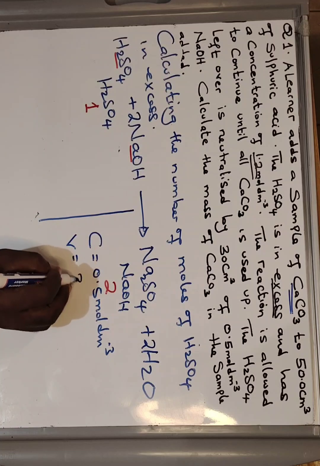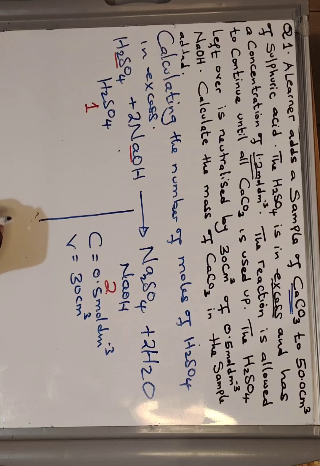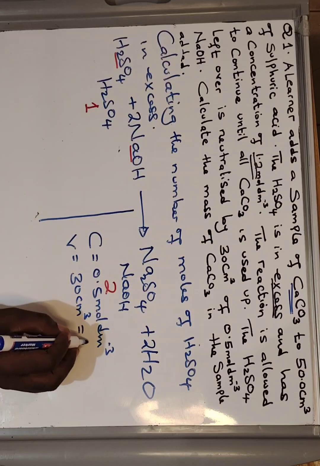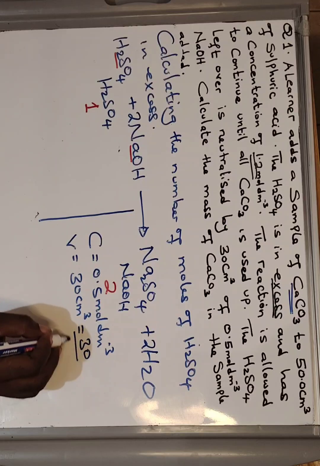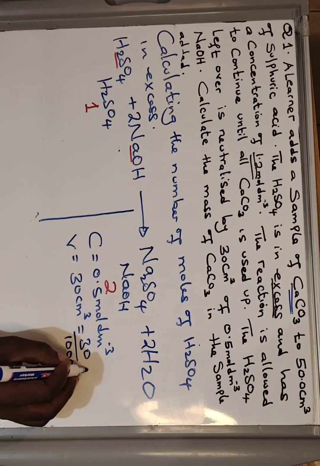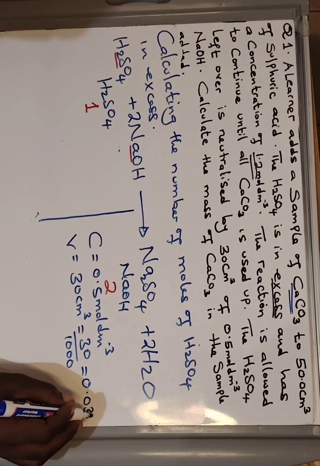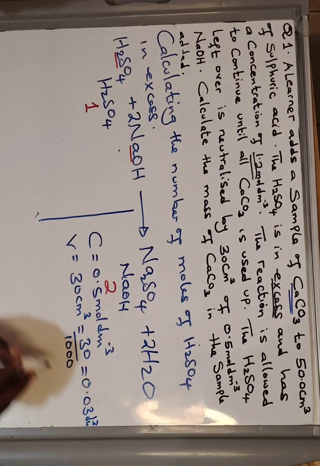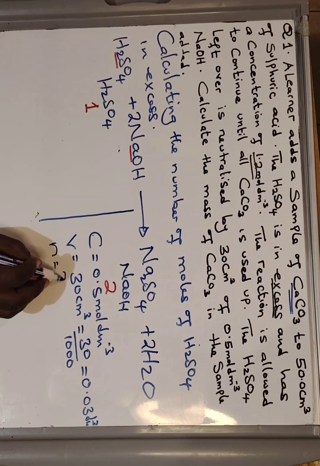The volume is 30 cubic centimeters, which we can convert to cubic decimeters by dividing by 1000. So it's going to be 0.03 cubic decimeter. So like I said before, when you have concentration and you have volume, then you have number of moles.